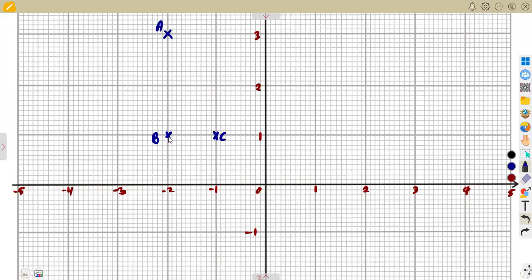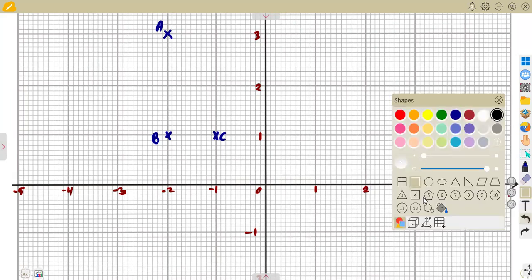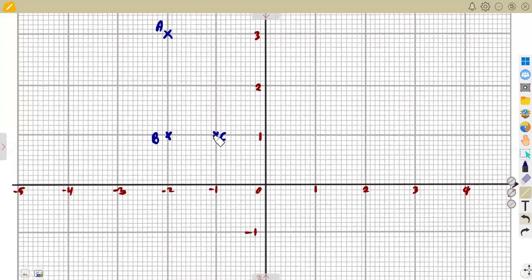So definitely what you're going to do is join from B to C using your ruler. Because of these constructions, guys, if I try to have a ruler here, it's going to take us a lot of time. So let me just do it this way, but it's one and the same. You are supposed to join your points from B to point C using the ruler.